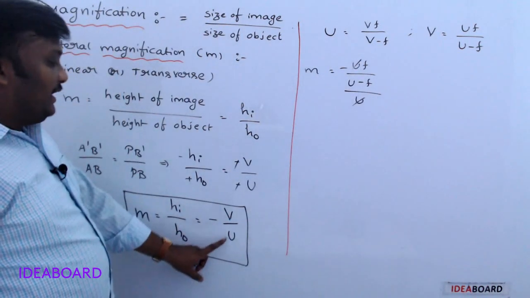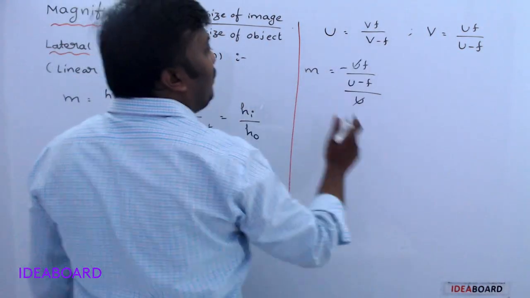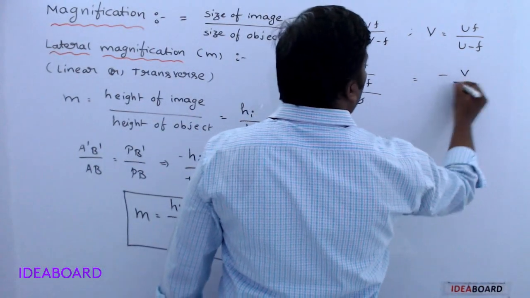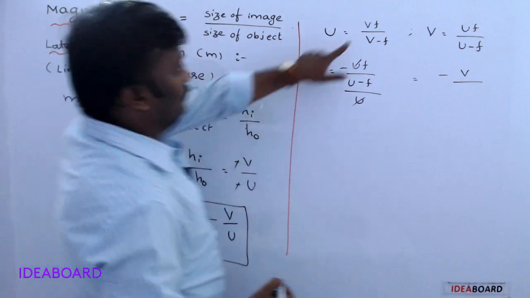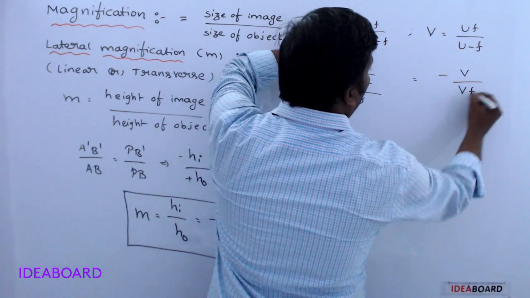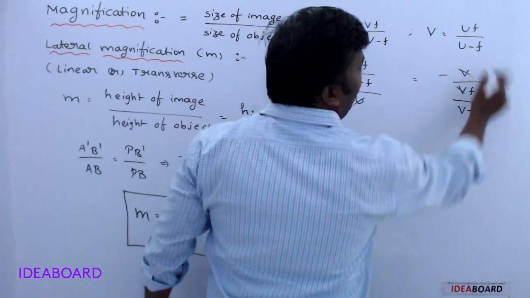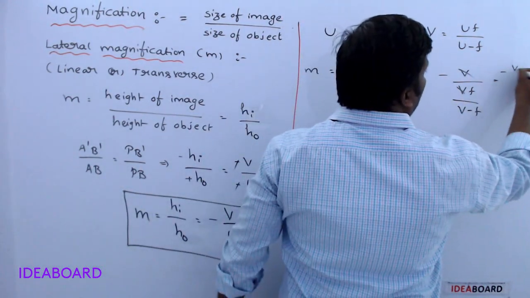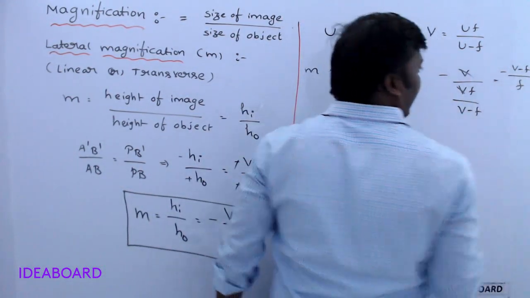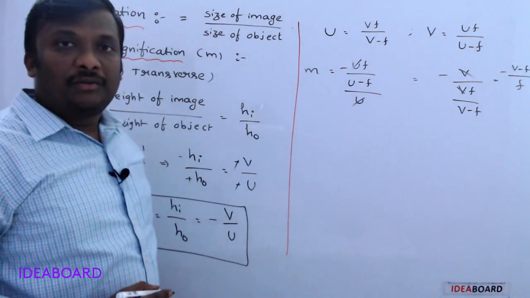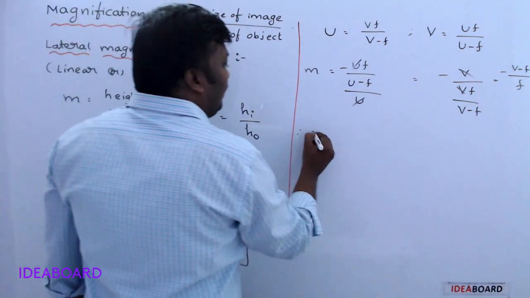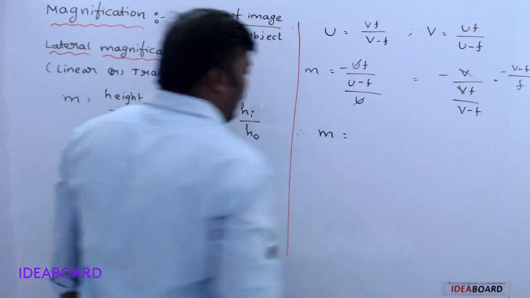Next, instead of u, you substitute this formula, minus v by, instead of u, vf by v minus f now. V cancels. If you move it upwards, minus v minus f by f. Is it right?